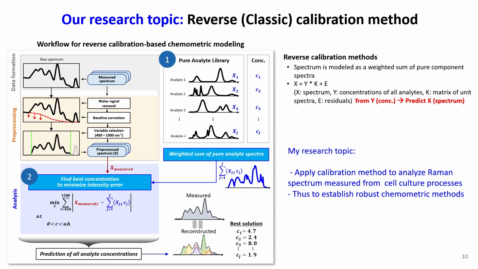By using this, theoretically, process variation can be overcome. So my research topic is applying the reverse calibration method to analyze Raman spectrum measured from cell culture processes, thus to establish a robust chemometric method.